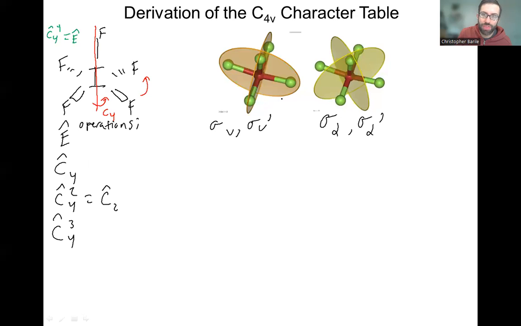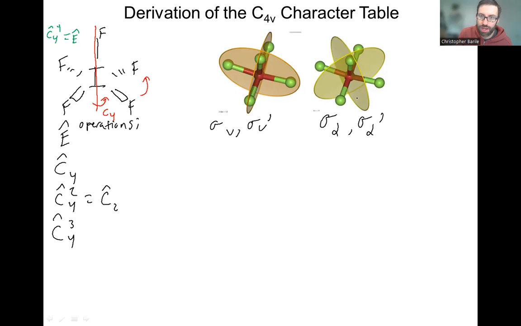So there's just a convention that's used, and we call the vertical mirror planes the ones that can go through the bonds in the absence of perpendicular C2s, and the dihedrals the ones that go in between bonds. If we're just naming things here, it doesn't matter too much. The important thing is that these are different types of symmetry elements.